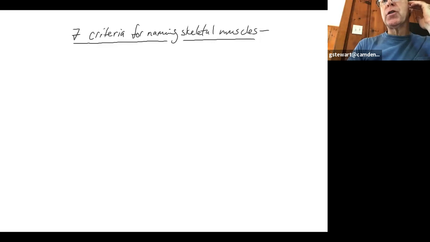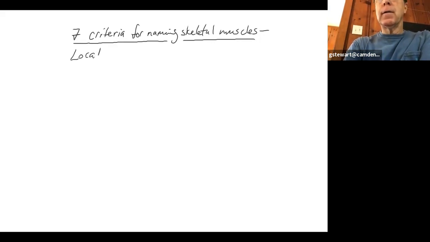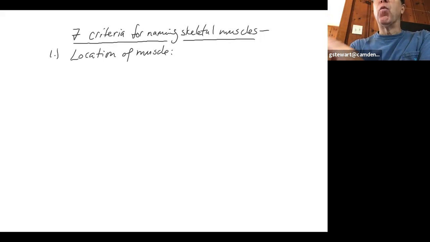Most muscles just use 2, occasionally 3 of these criteria in its name. So let's get on with it. The first one is location of muscle. Okay, I'll number these. So many muscles are named by the location of where they are in the human body.